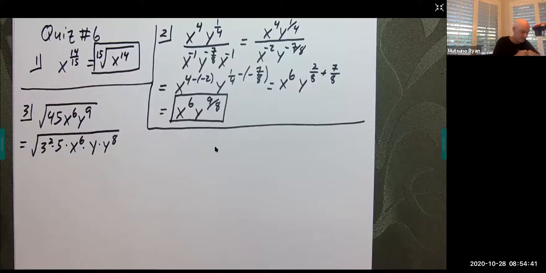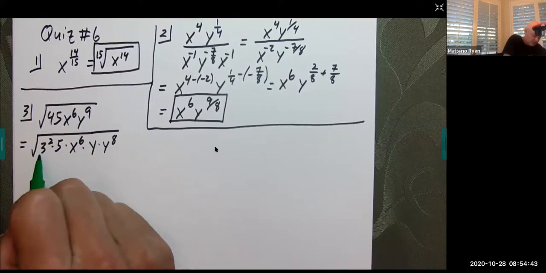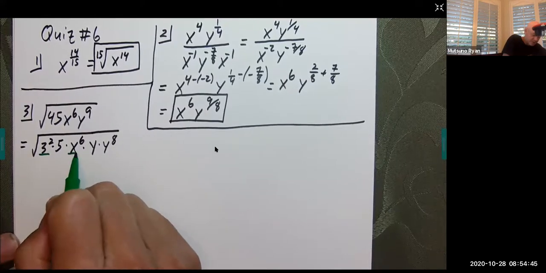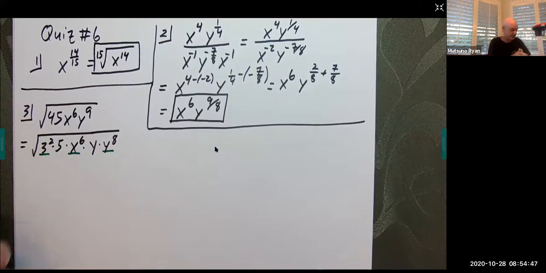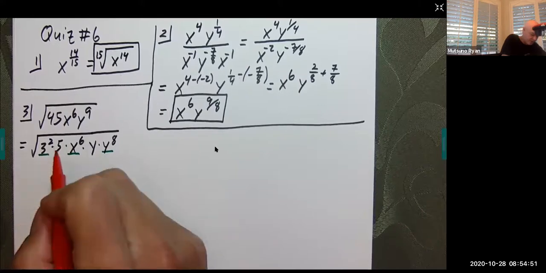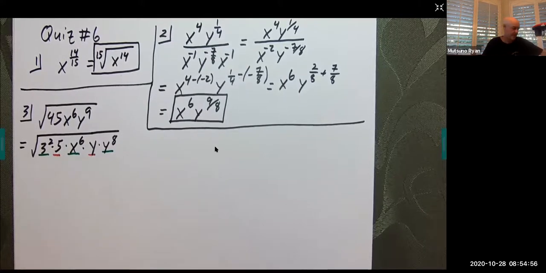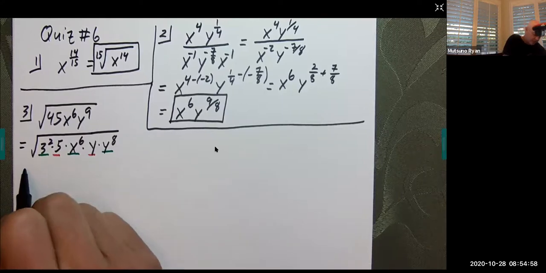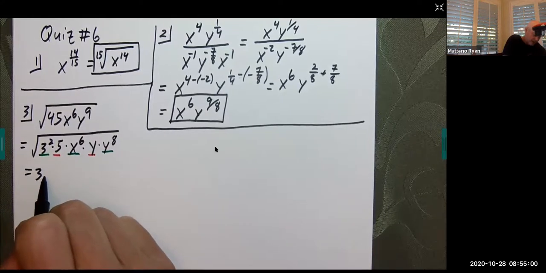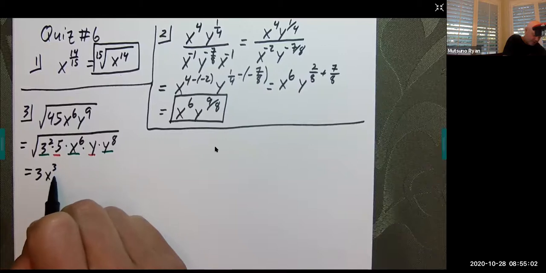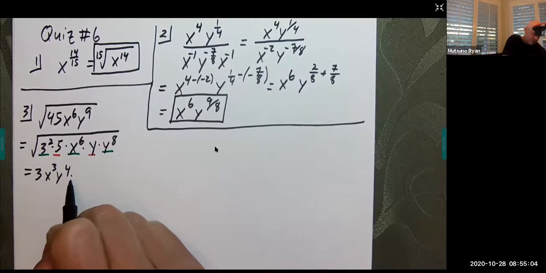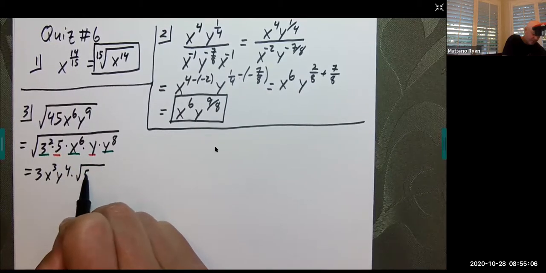I want to point out the ones with the even exponents are going to come out. And the ones that don't have enough, they don't have a perfect square, are going to stay inside. This becomes 3 x to the 3rd, y to the 4th times the square root of 5y.